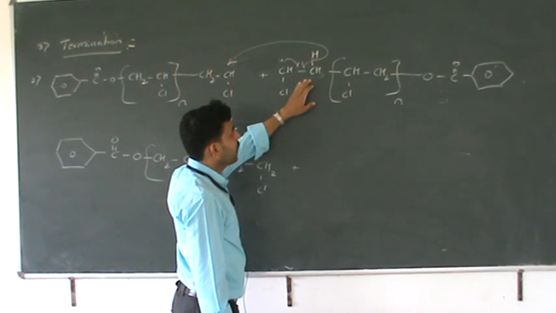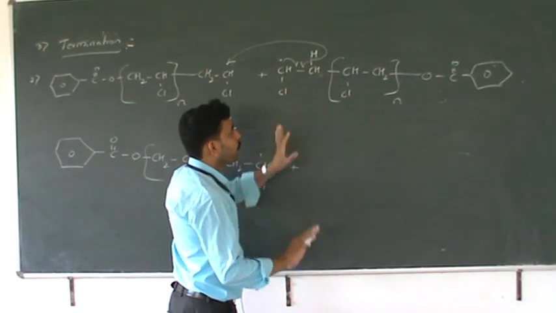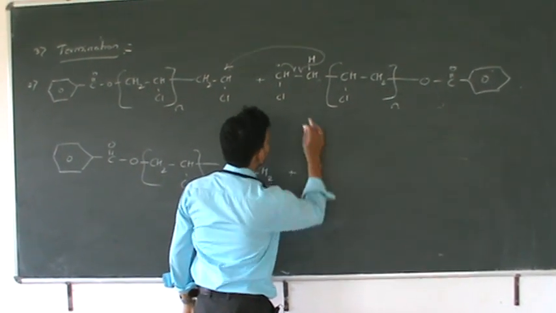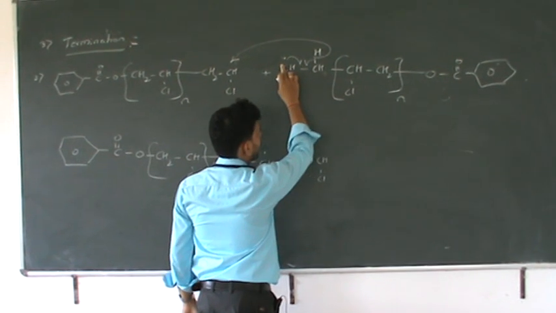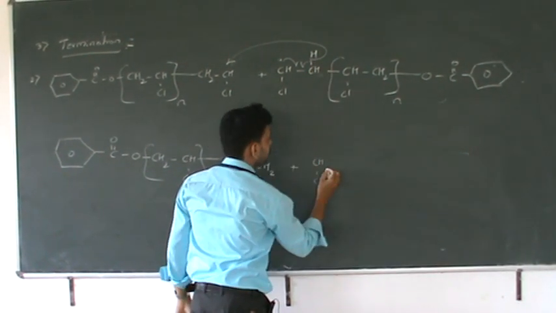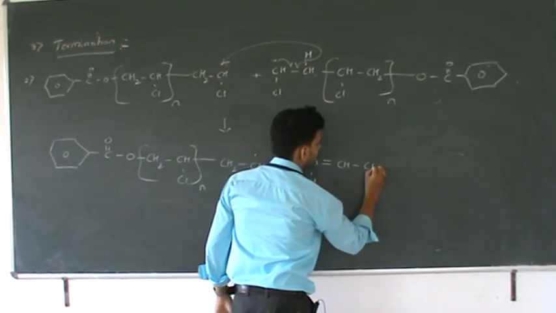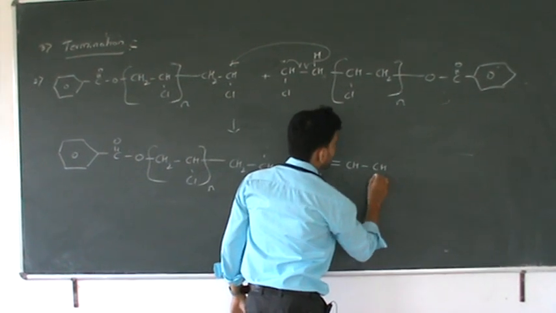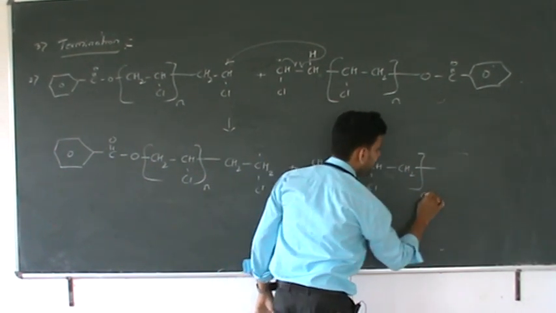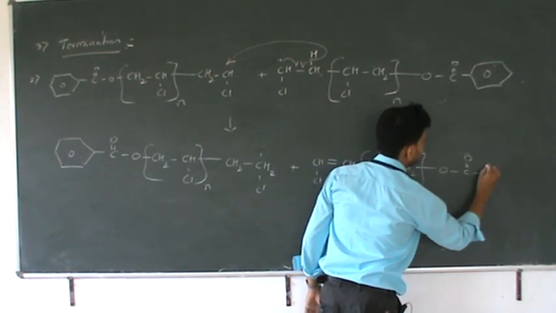It will get stabilized by the formation of a double bond at the end of the growing polymer chain. So in here, CHCl, one electron from the radical side and one electron from the other free radical. That's why CH double bond CH, CH Cl CH2 and times O C double bond O.